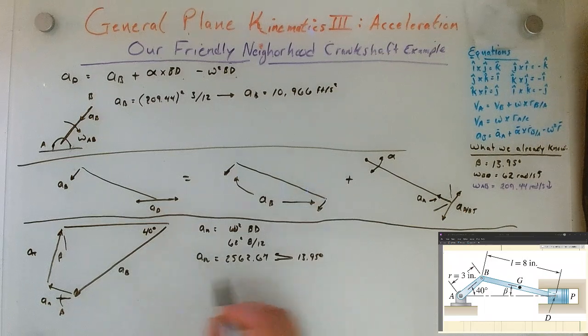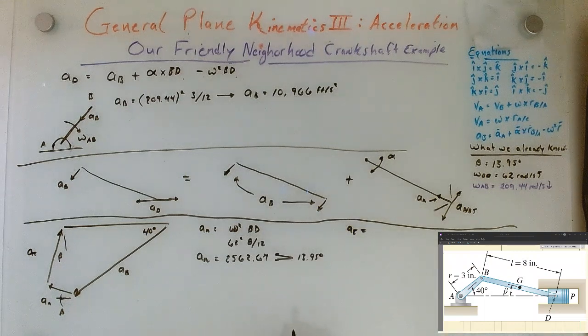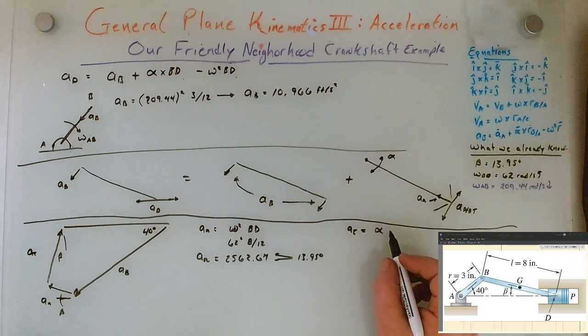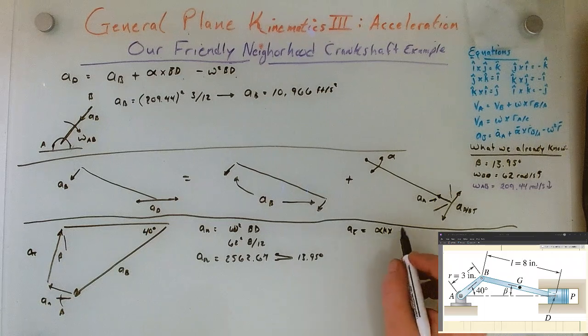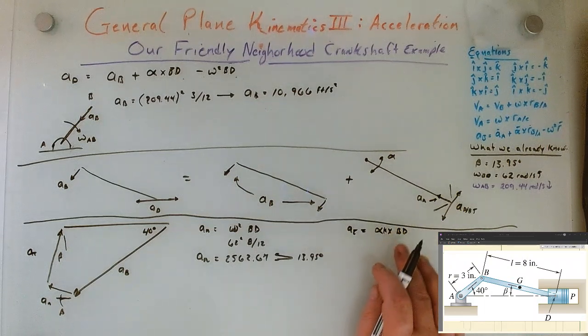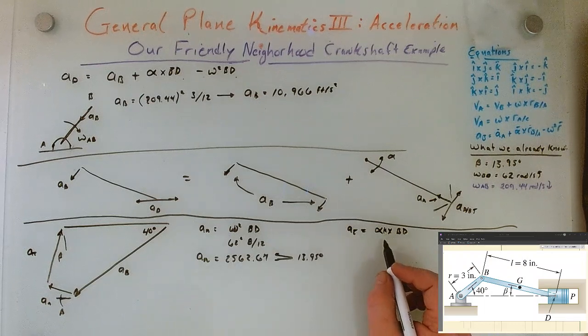Okay, so then similarly, a sub t, what is that? That is alpha cross r, and this is k, and r is BD, and BD is 8, right? So remember that we're using the feet, right? So it's 2/3.